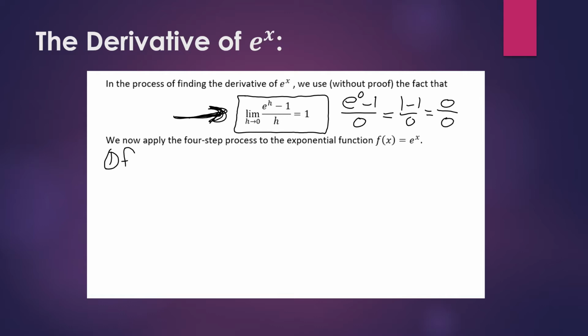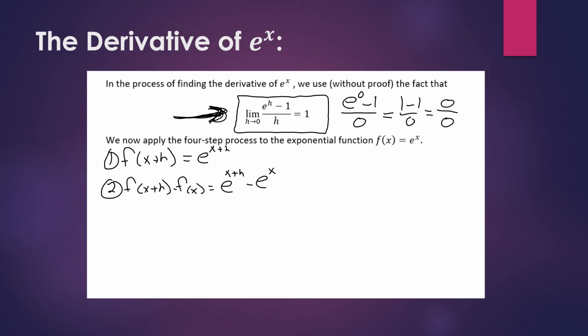So step 1, we're going to do f of x plus h, and that would be e to the x plus h. Step 2 is we're going to take f of x plus h minus f of x, and that's e to the x plus h minus e to the x.